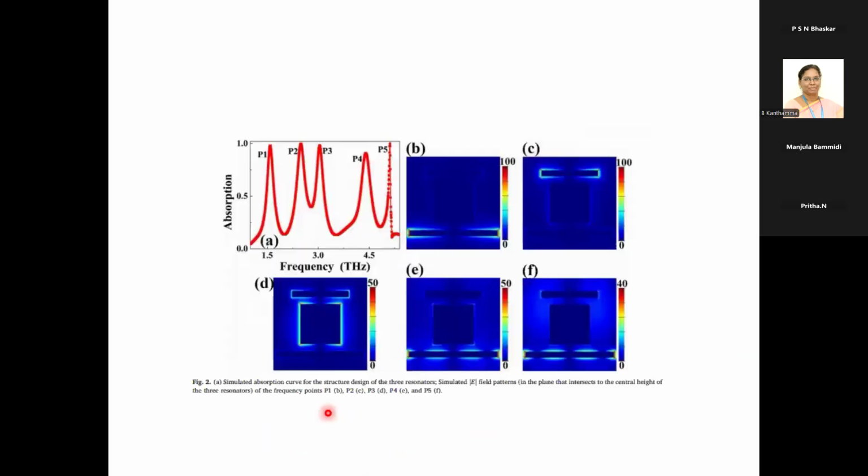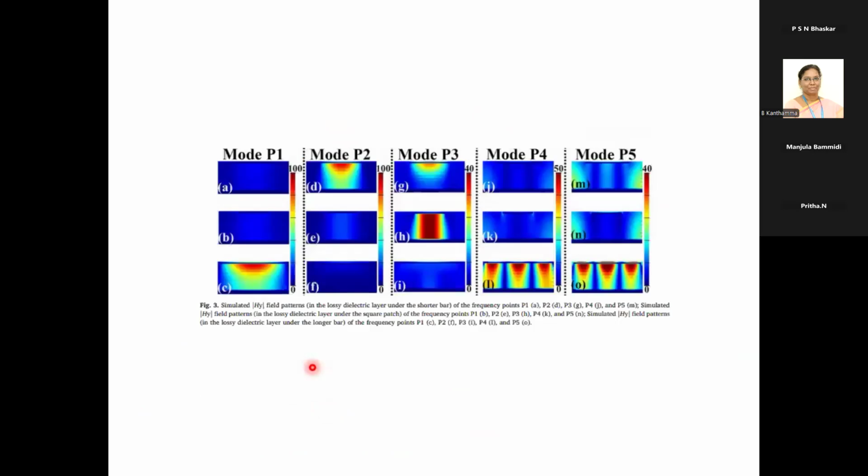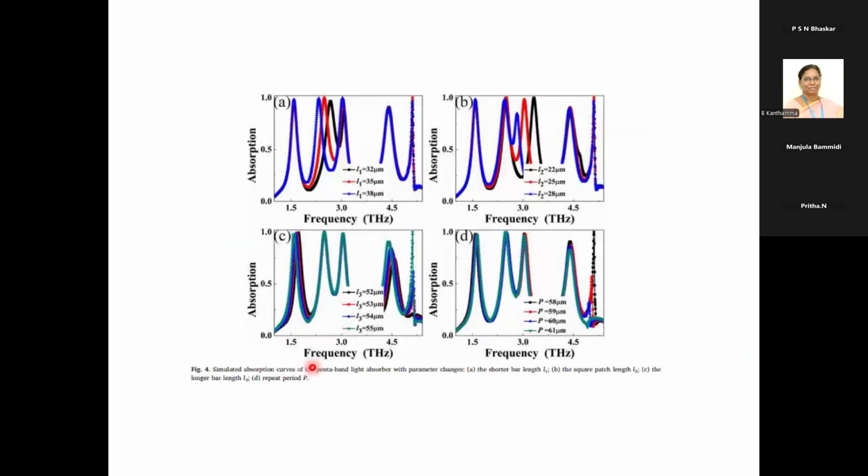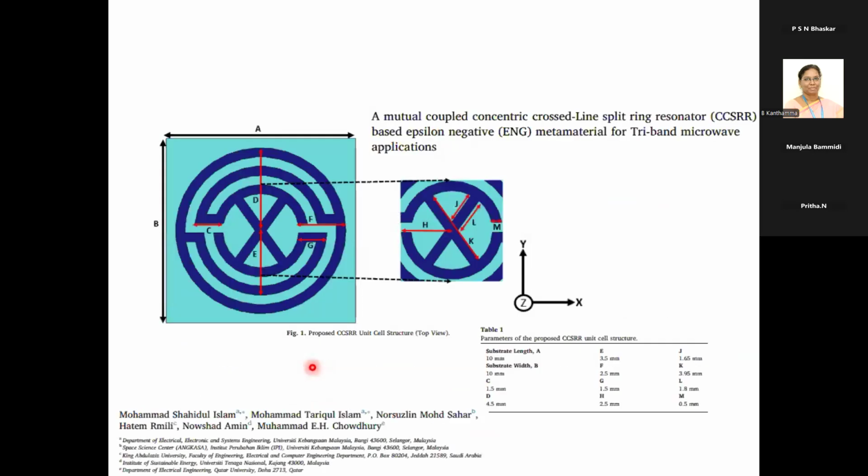Other frequencies are reflected. If a wave is incident on this, it gives absorption at five frequencies in the terahertz domain. At each frequency a different element is resonating, and you have absorption at five different frequencies, which is called pentaband.